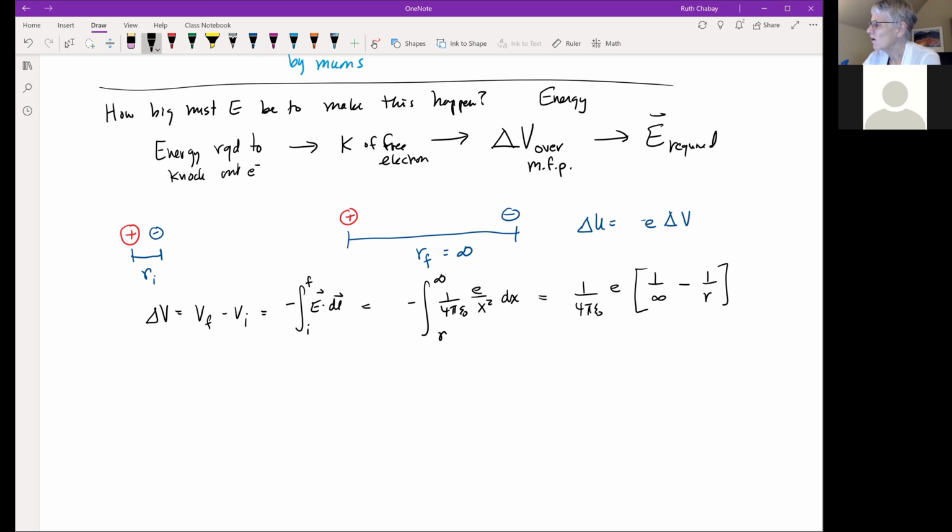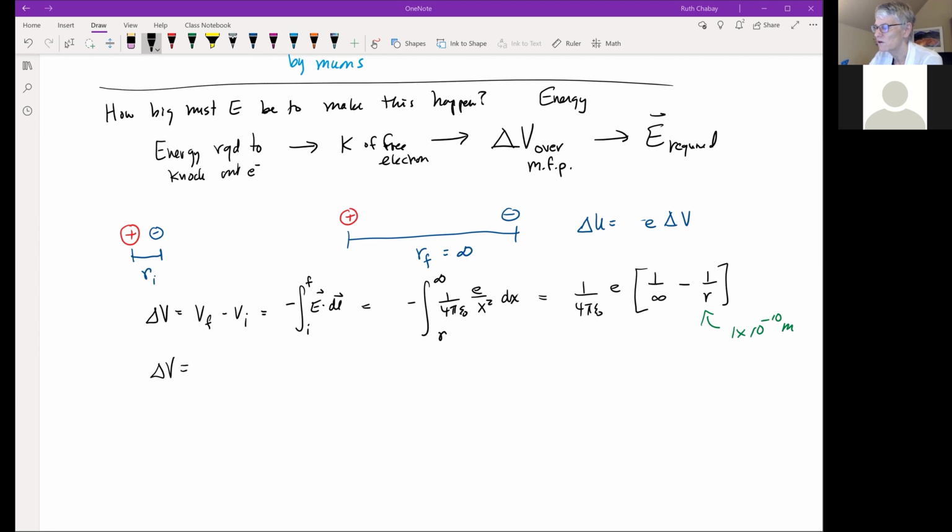And if we say r is our atomic radius of 1 times 10 to the minus 10 meters, then this term gives us a 0.